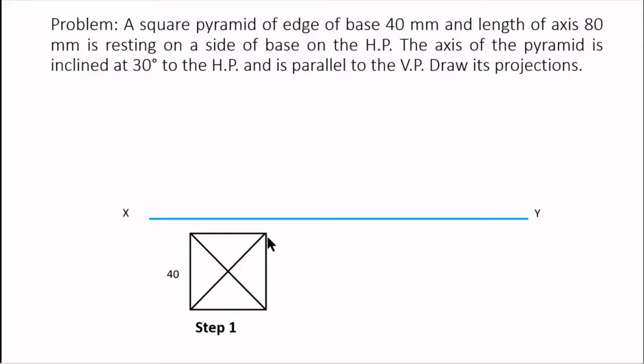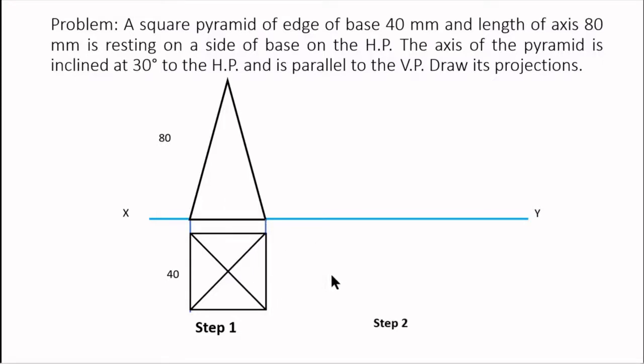Remember, in planes it was kept towards the left, but in this projection of solid it is kept towards the right. Now we have obtained the top view, we project it into the front view, and we construct the isosceles triangle. Remember, the height of the axis is 80 mm and the base I have projected from top view.